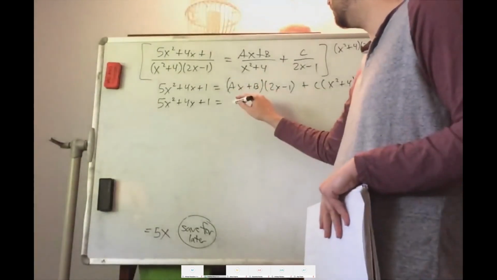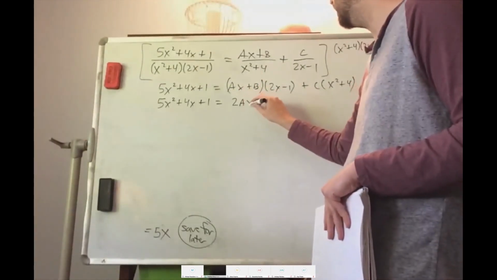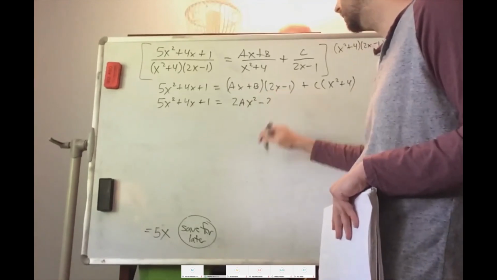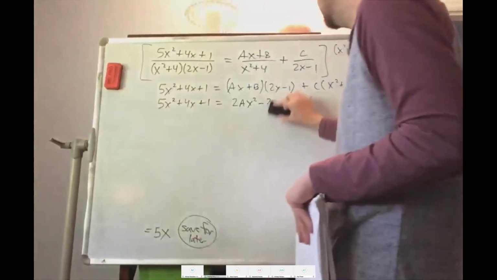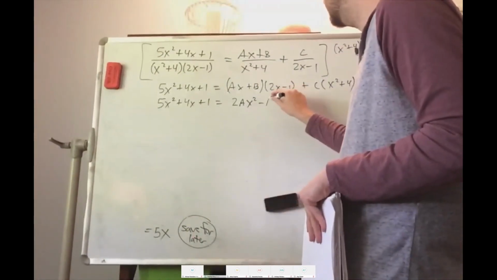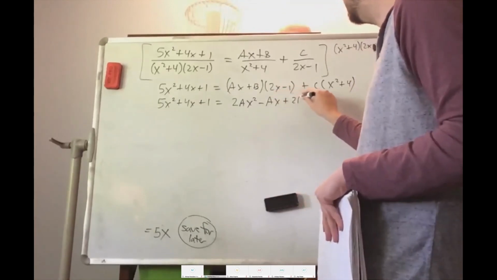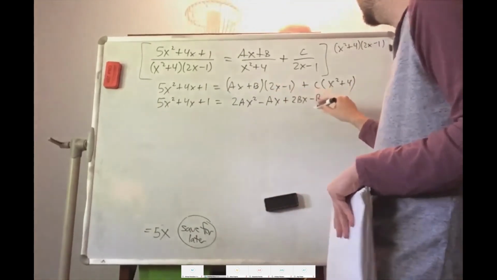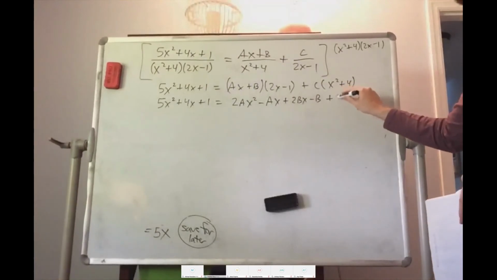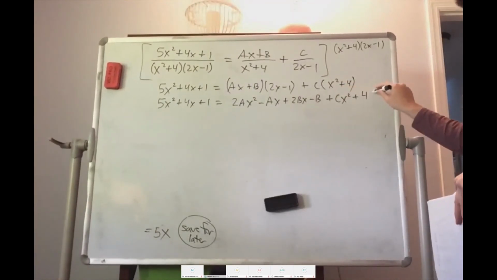So multiplying, foiling in here, I get 2ax squared minus ax, distributing the ax in, plus 2bx minus b, and then distributing here, I get cx squared plus 4c.